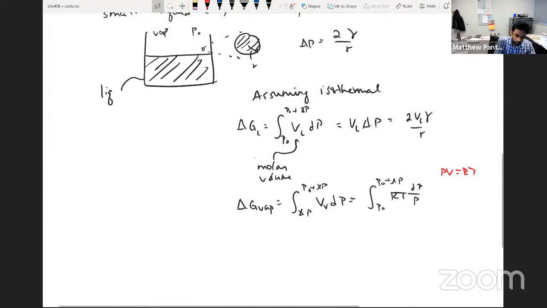So at equilibrium, the changes in Gibbs energy for the liquid and vapor will be equivalent.